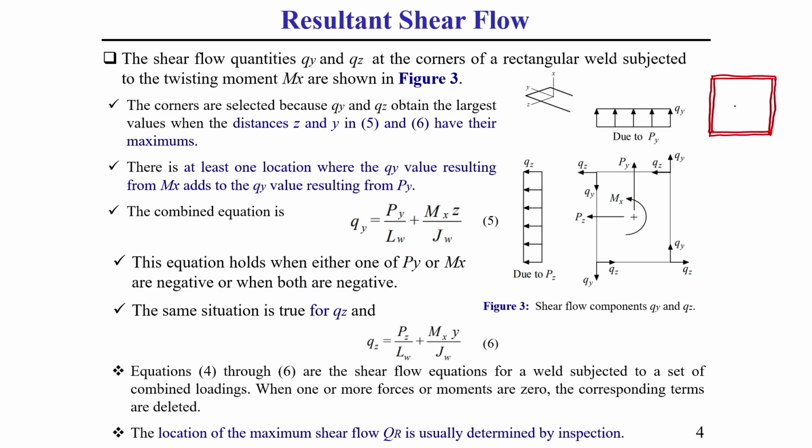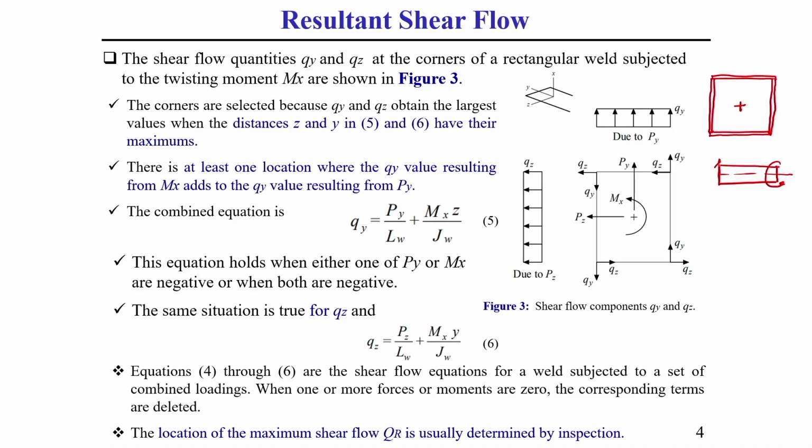So, here if it is subjected to a torsional type of moment, or you can say torque, how is this torque always acting? Generally it acts along the direction of the component, and it always acts perpendicular to the direction of the weld.